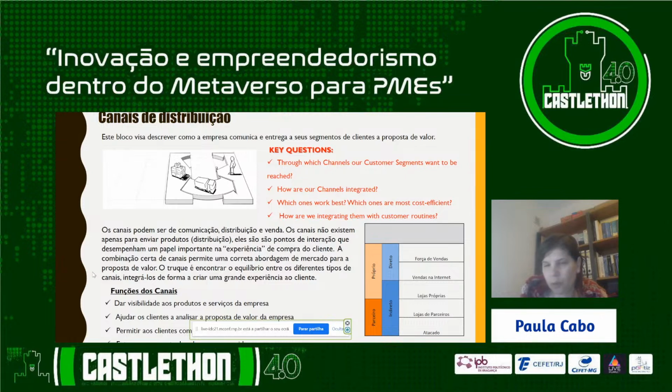The customers can go there, or we can use a retailer shop or wholesalers to connect to our customers. It's important to think about the salesperson, and the way the product is not just delivered, but the whole experience of the customer is important.